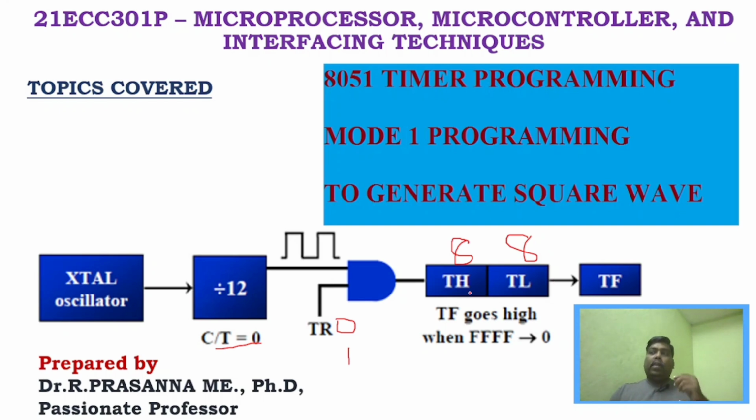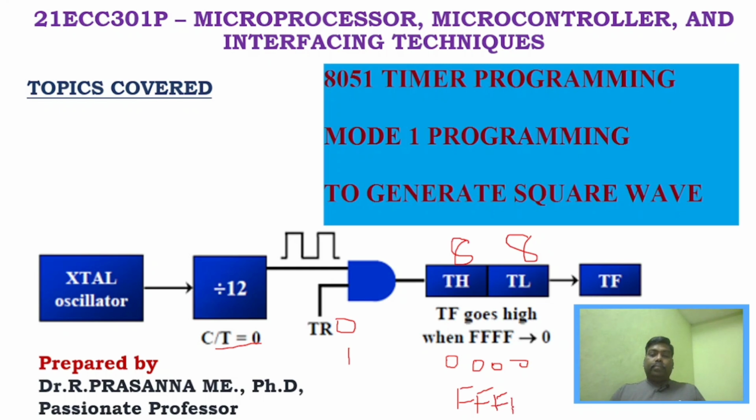If we say that the TH register is separate and the TL register is separate, first it will start counting, increasing the TL register, and once it reaches the maximum value, the TH register will start increasing. Or else we can also say that the complete 16-bit register will start from 0000 and reach the maximum value of FFFF.